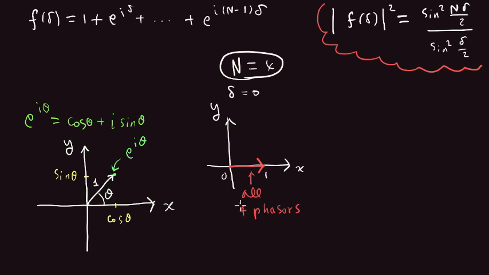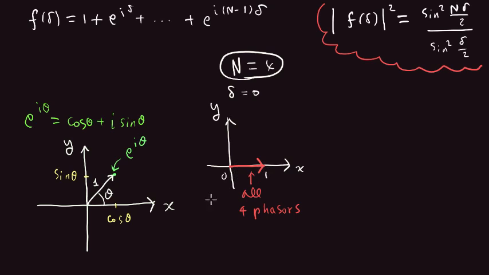And so you will recognize delta equals 0 as the 0th order principal maximum condition. So remember, delta equals 2 pi m, where m is an integer, was the condition for principal maxima. So m equals 0, delta equals 0. It's easy to see why the intensity is maximum there, because all of these 4 arrows are pointing in the same direction.